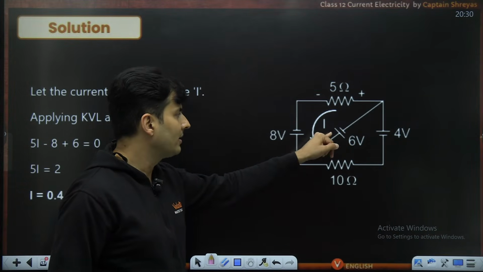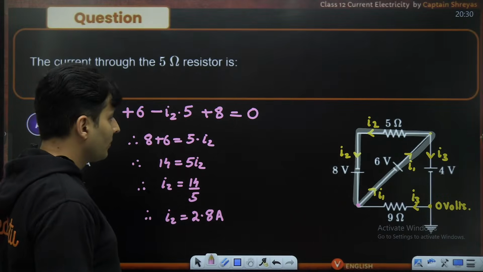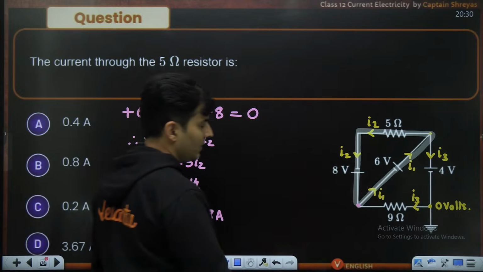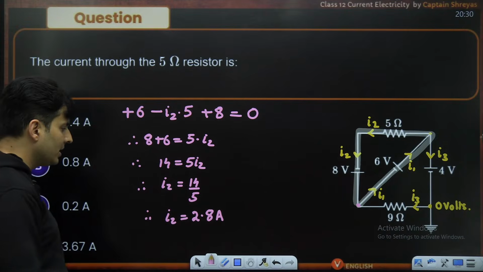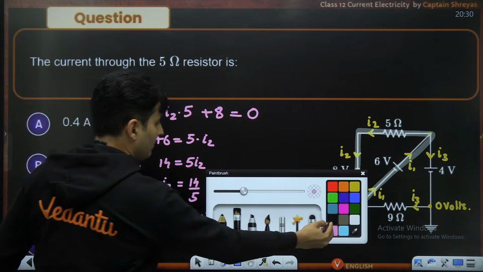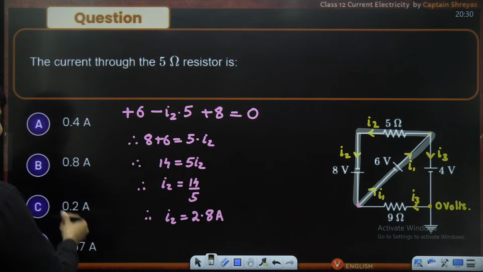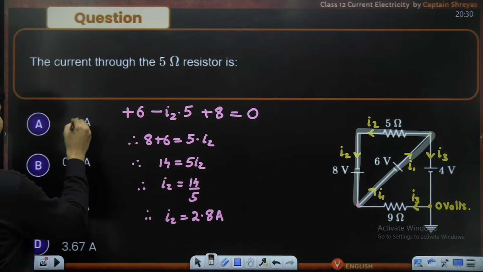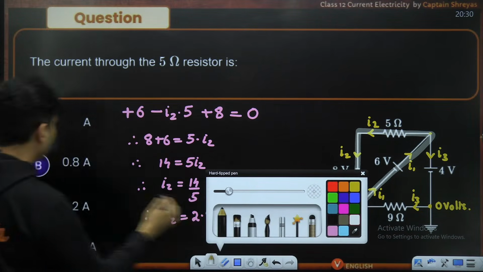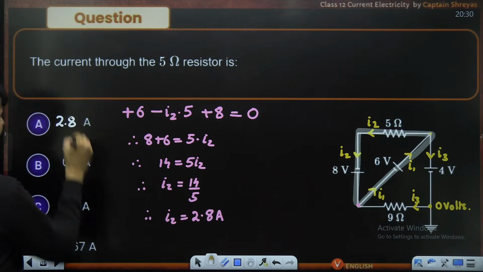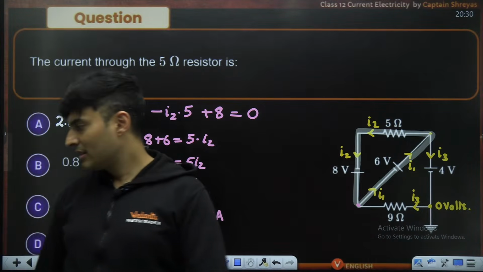Actually it was like this, but in our question, this was negative and that was positive. So in the answer slide, I think they have messed it up, and none of the options are matching. So maybe I can just make up some answer over here just for satisfying our MCQ. Maybe I can make this 2.8 amperes. Now it makes sense.